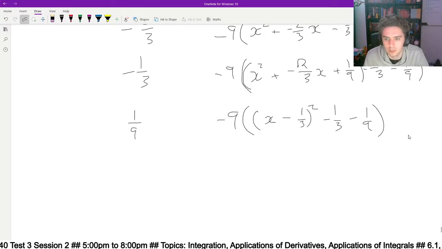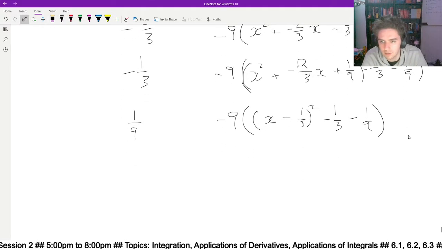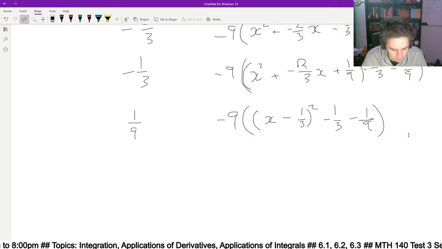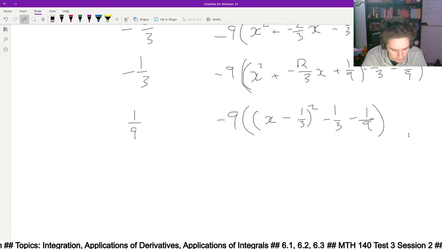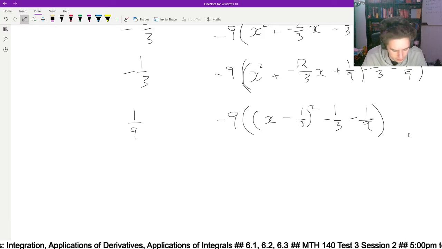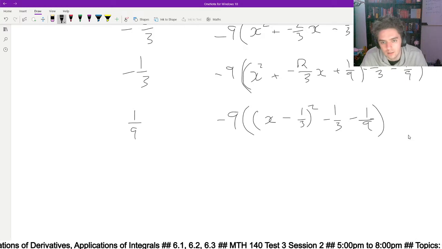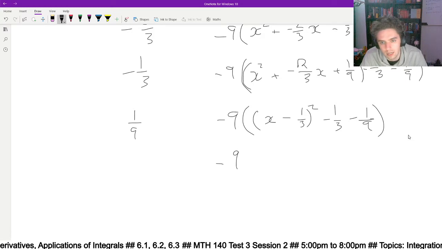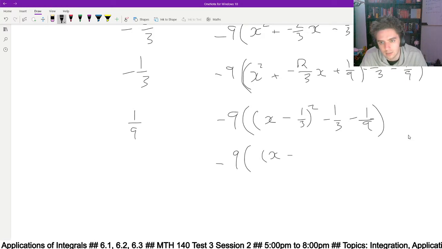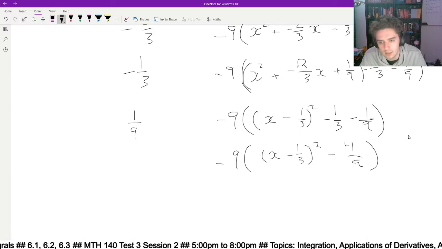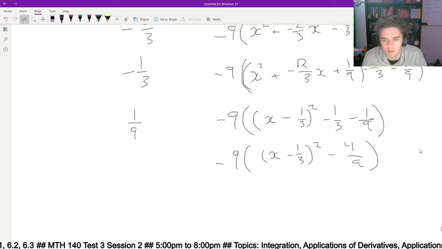So we have those together, negative a third minus a 9th, which is -4/9, right? So -9 times x minus a third squared minus 4/9, and it's looking good because look what's going to happen.